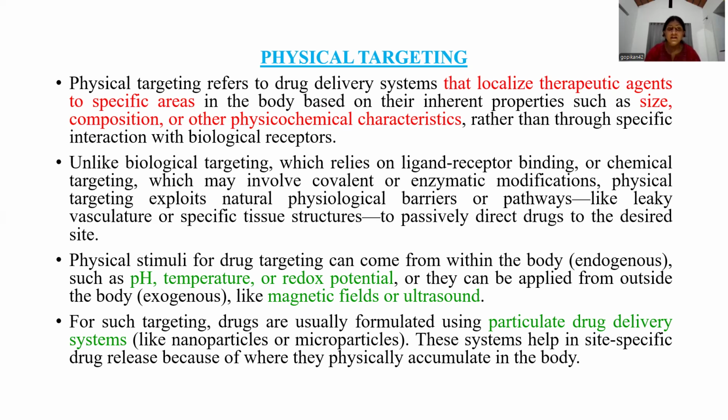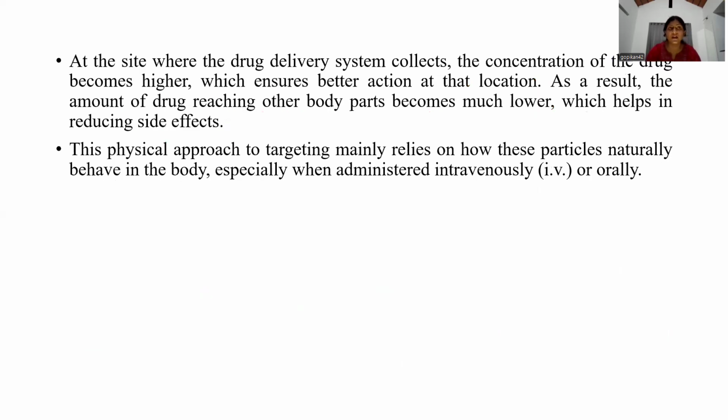For such targeting, drugs are usually formulated using particulate drug delivery systems like nanoparticles or microparticles, and these systems help in site-specific drug release because of where they physically accumulate in the body. At the site where the drug system collects, the concentration of the drug becomes higher, which ensures better action in that location.